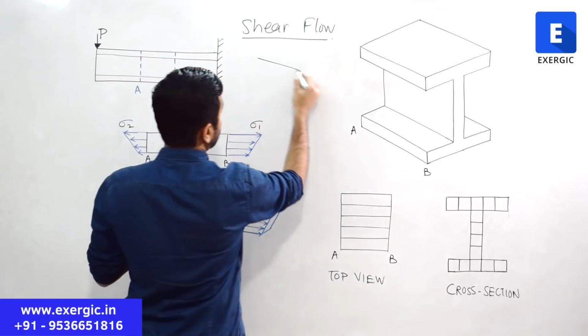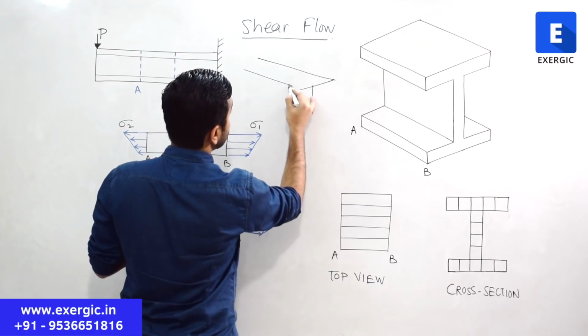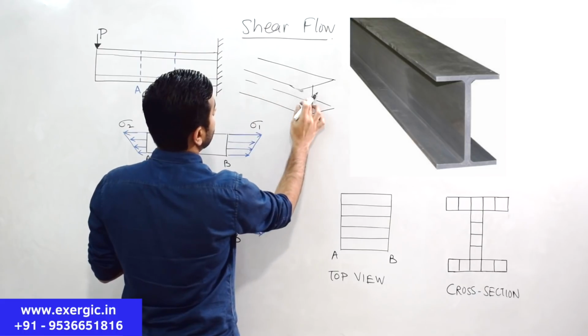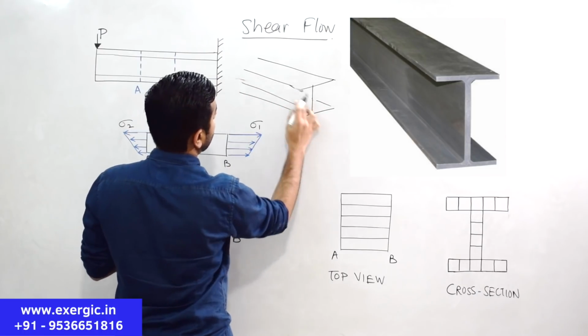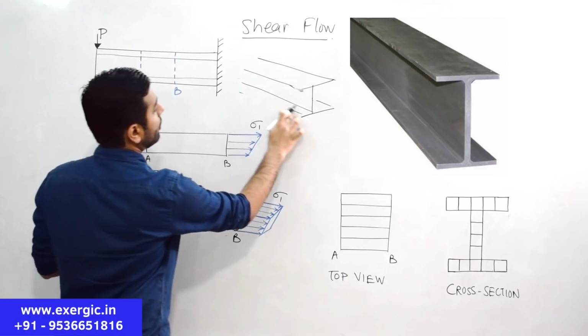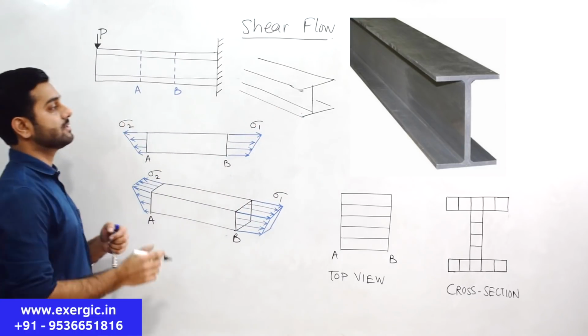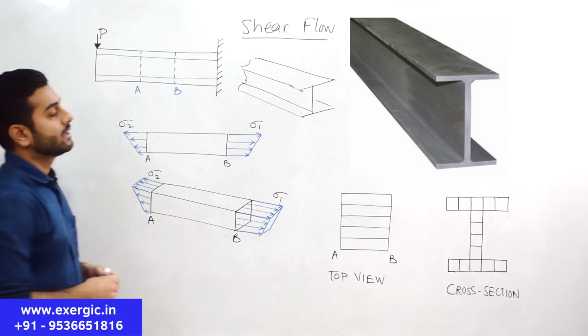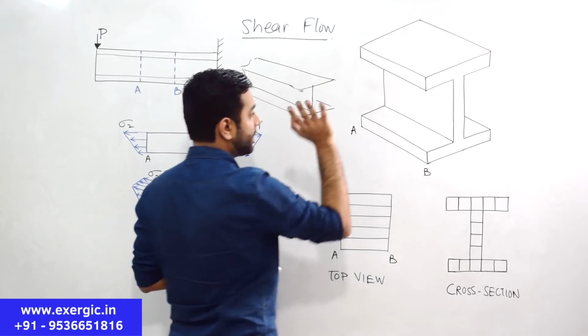We have already discussed why we use I section, what is the importance of I section, in which industries it is used and why. So everything we have discussed already. This is roughly how the I section is going to look. The three-dimensional view of that I have shown here.